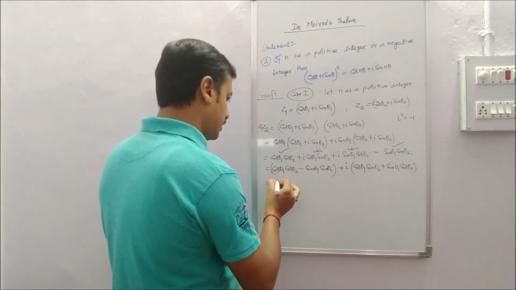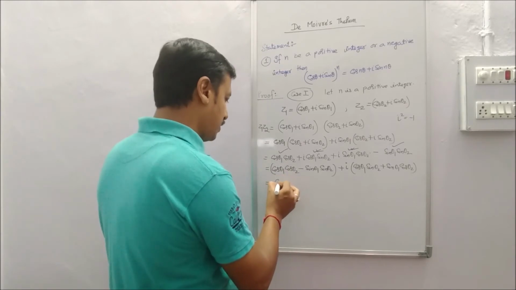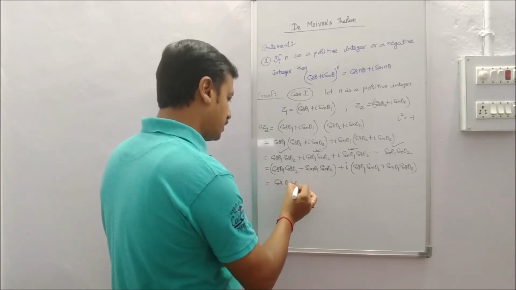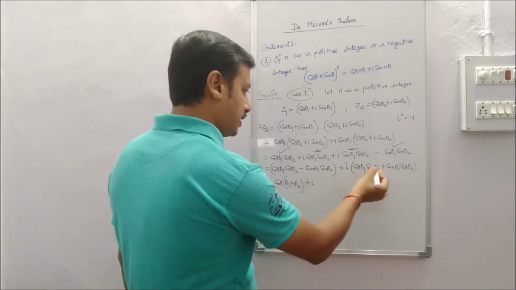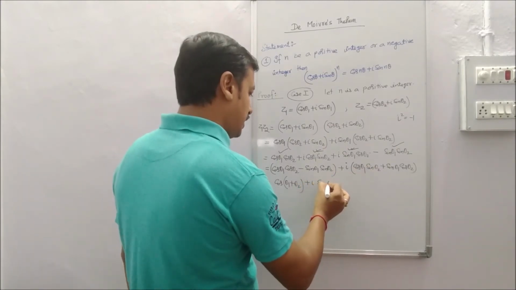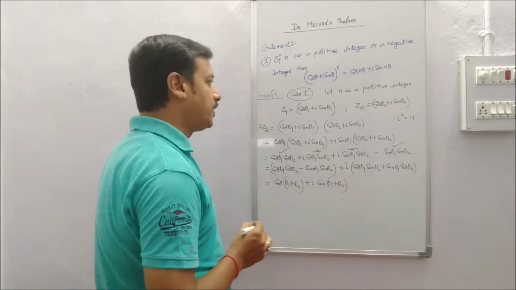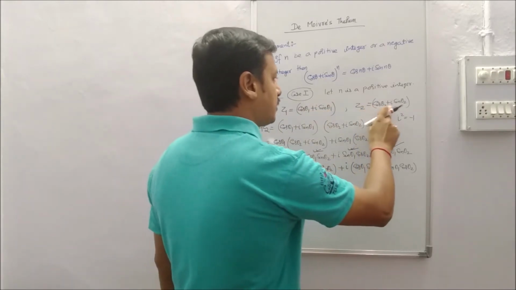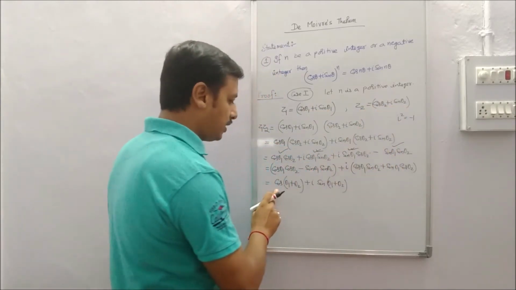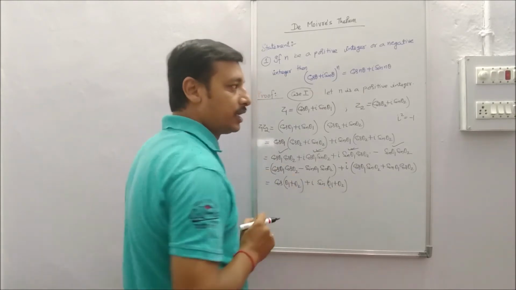This is from the formula of trigonometry: cos of theta 1 plus theta 2, and this is sin of theta 1 plus theta 2. So if we multiply two terms, cos theta 1 plus I sin theta 1 and cos theta 2 plus I sin theta 2, we will get cos of theta 1 plus theta 2 plus I sin of theta 1 plus theta 2.